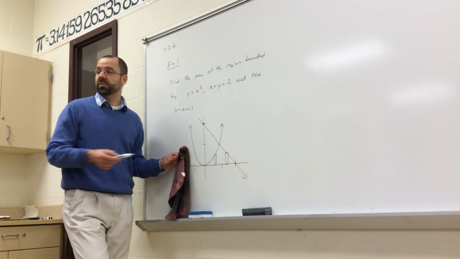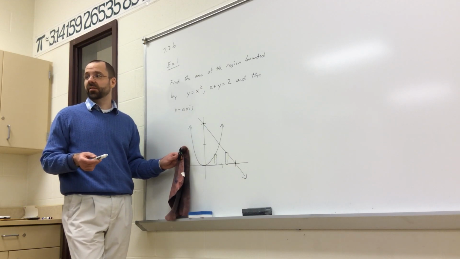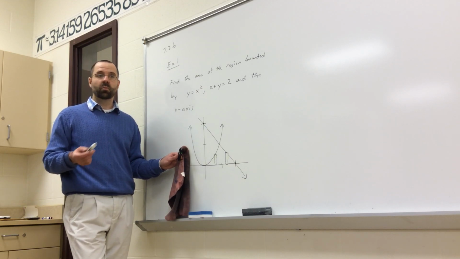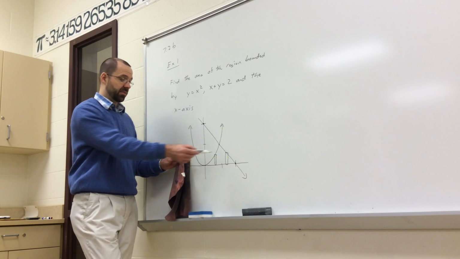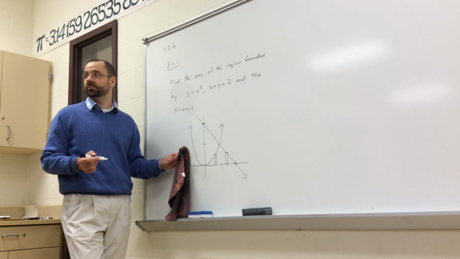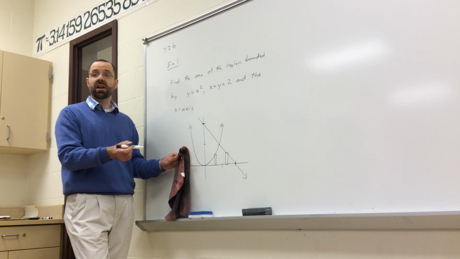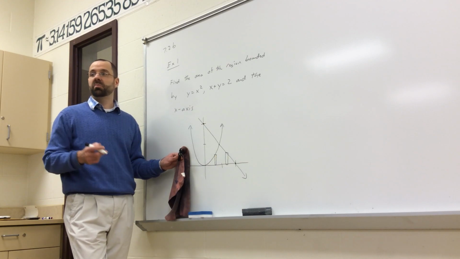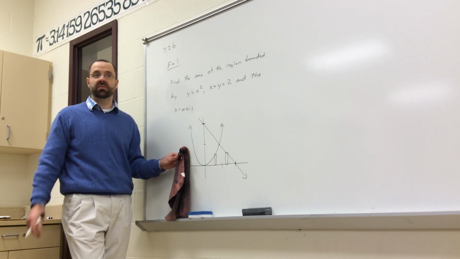So this is a tough problem because there's two different types of rectangles. You could figure out the answer this way, but it's awkward because there's two types of rectangles.